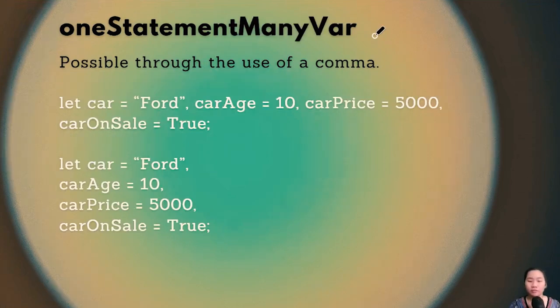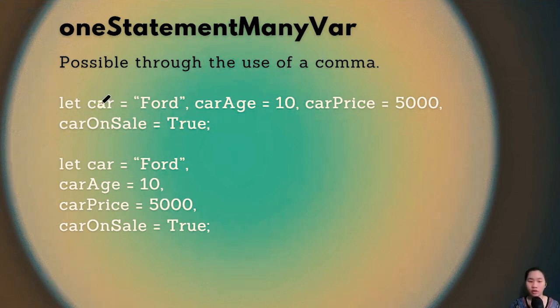One statement, many variables. This is possible through the use of a comma. If you paid attention to one of the previous lessons, I did mention that with JavaScript, using the semicolon, you can put multiple expressions on one line separated by a semicolon. And you can do the same using a comma, but with declaring a lot of variables at once.